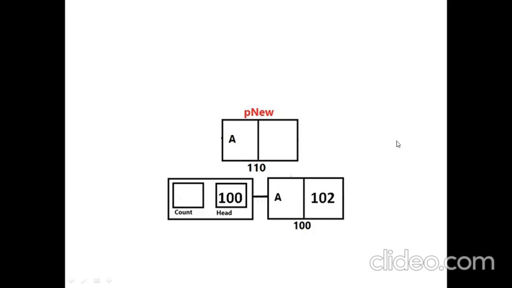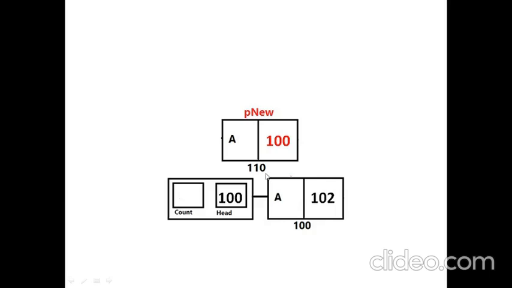Now what should I do? The same two lines will be followed. The first line is pnew.link equal to list.head. So what will happen? 100 gets copied into the link field so that this first node becomes the successor of the new node. So it is done correctly.